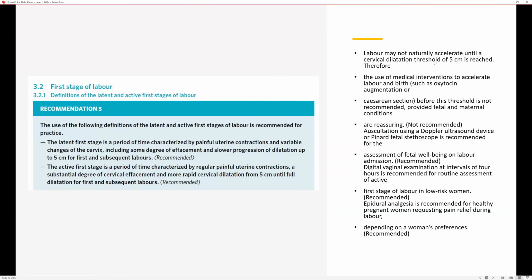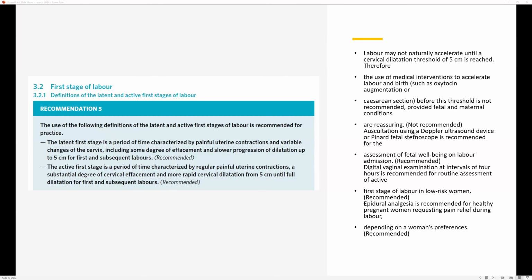Okay. So here, my friends, if spontaneous labor has not progressed to the active phase, in this case I don't do anything. Labor may not naturally accelerate until a cervical dilatation threshold of 5 cm is reached. Therefore, the use of medical intervention to accelerate labor and birth, such as induction, augmentation, or cesarean before the threshold of the active stage is not recommended, provided fetal and maternal conditions are reassuring.